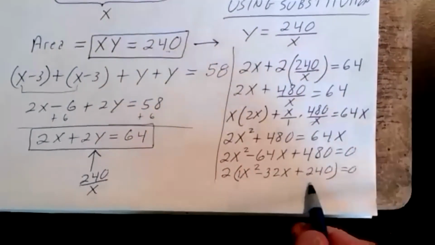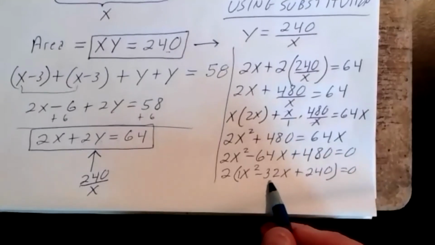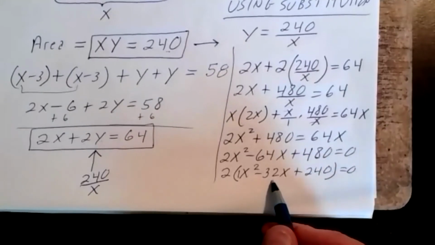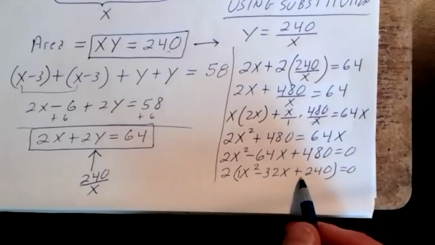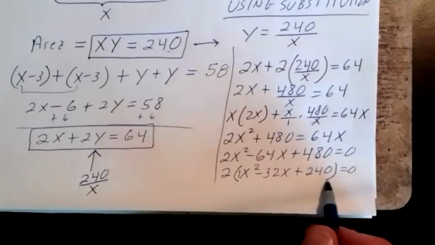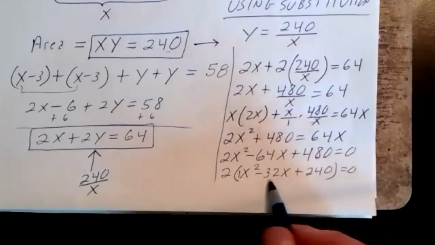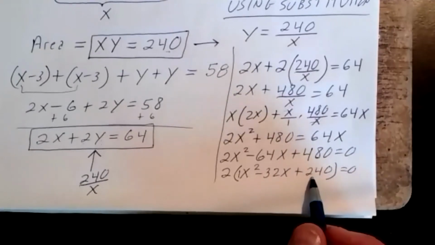Can you think of 2 factors of 240 that add up to negative 32? Well, you got a calculator out there, ladies and gentlemen. Can you find 2 factors of 240 that sum up to negative 32? 2 and 120 don't work. 3 and 80 don't work. 4 and 60 don't work.